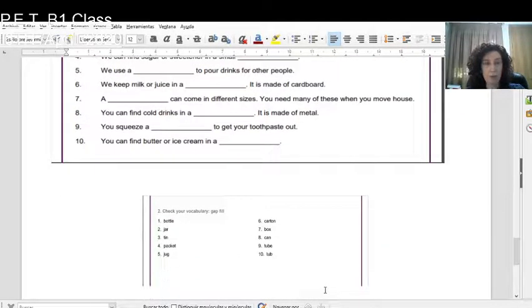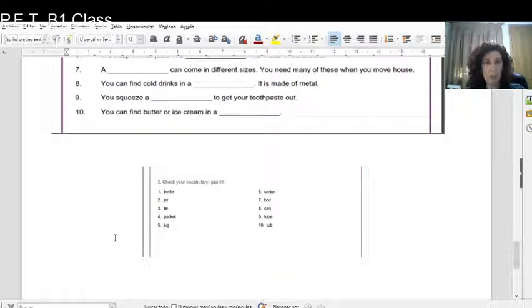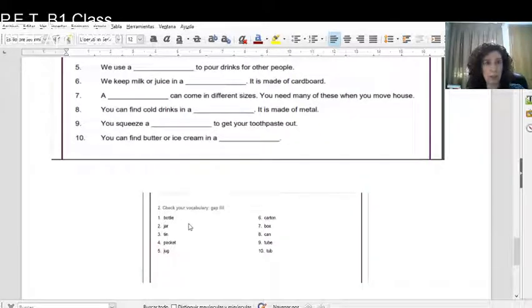Well, after the minute, these are the answers. Number 1, bottle. 2, a jar. 3, tin of tuna. 4, a packet. 5, a jug. 6, carton. 7, box. 8, can, because it's made of metal. 9, tube of toothpaste.